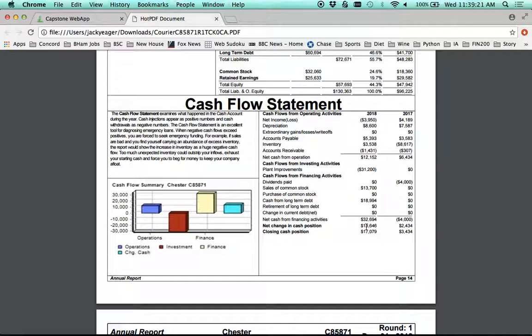So basically the net change that I have is 12 minus 31.2 plus 32.6, so a change of about 13,646,000. If I take this number, the 13.646 million, and add it to the 3,434 that I started with, I end with 17,079. So that's how you would look at that cash flow statement.